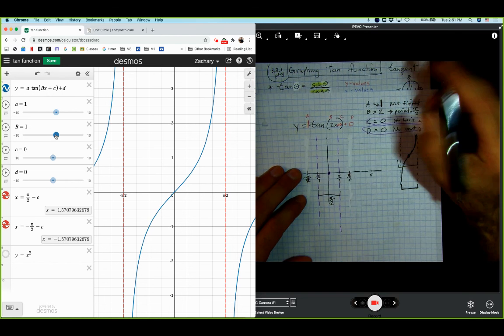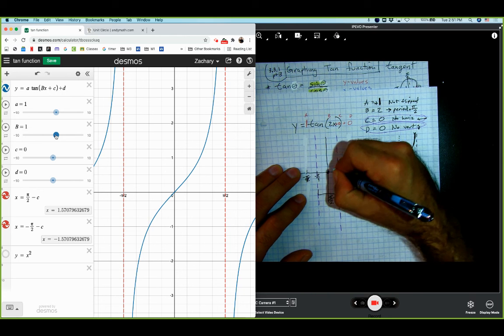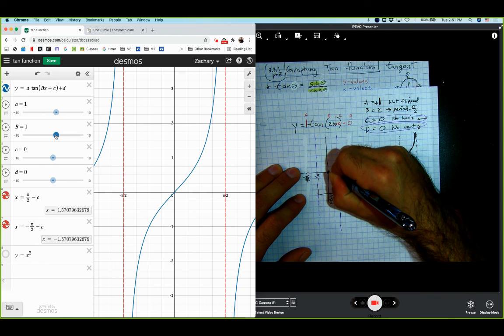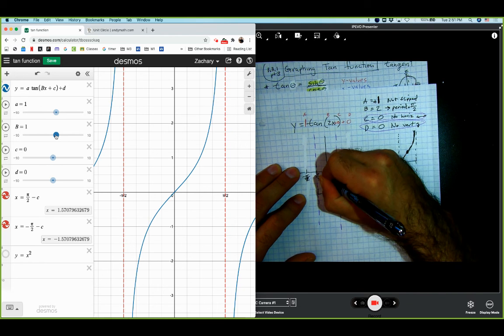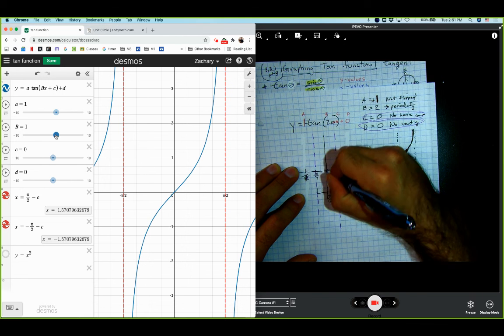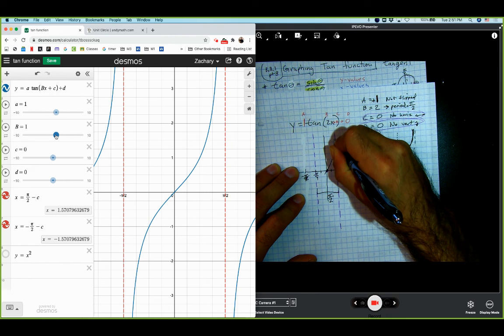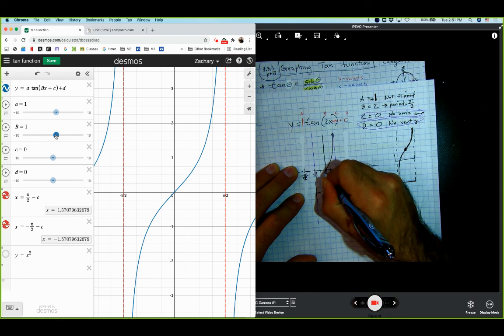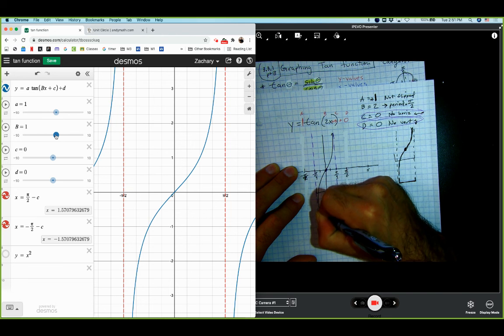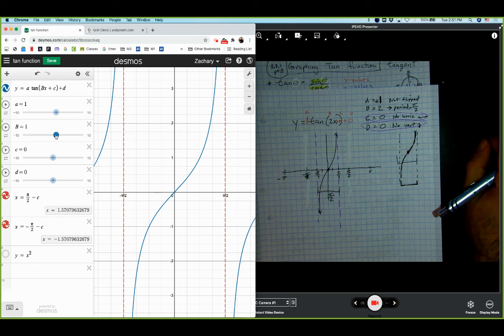But what I'm going to point out here is we know the shape of this graph. We know this is the center point. And for today, Thursday we'll get a little more refined with this. I'm going to go ahead and make my graph between the two asymptotes.